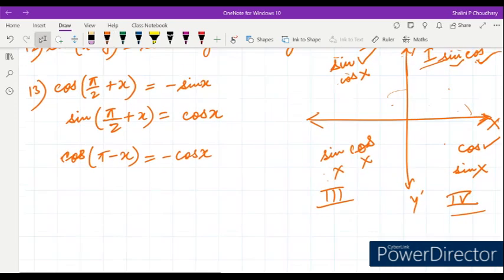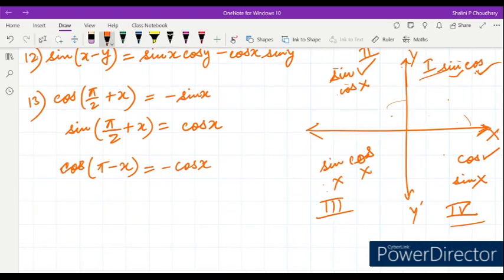Why? Because pi minus x means 180 degrees minus x, which is in the second quadrant, and in the second quadrant cos is negative. That's why minus cos x. Sin of pi minus x will be sin x, because sin is positive in the second quadrant.